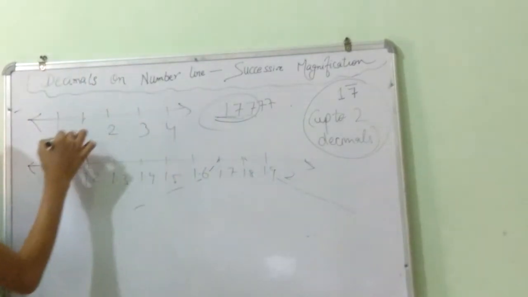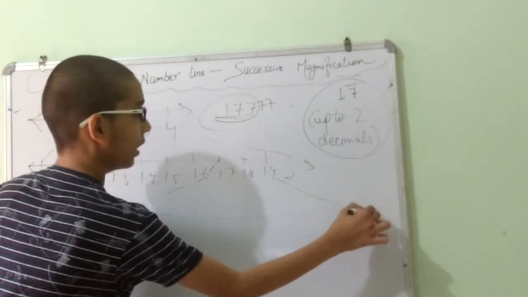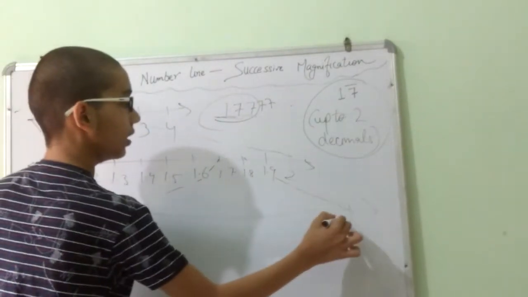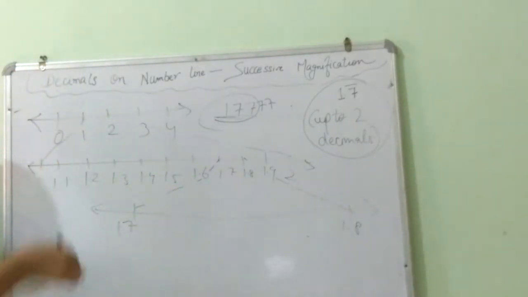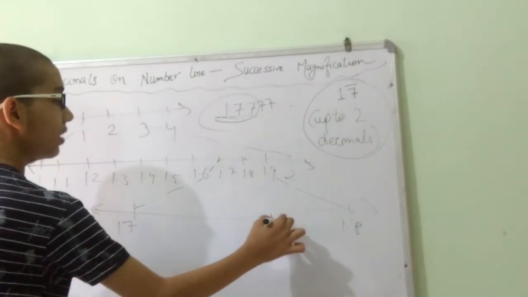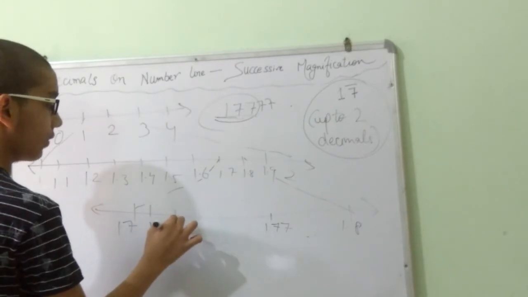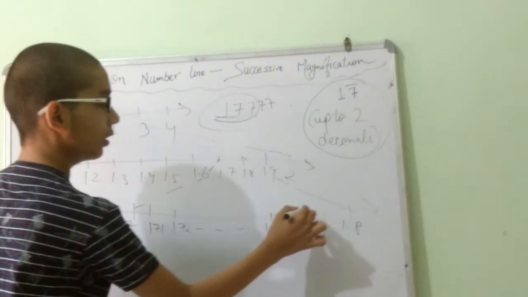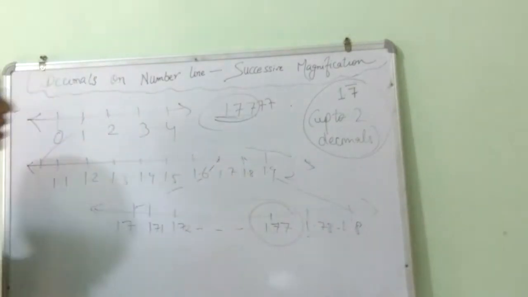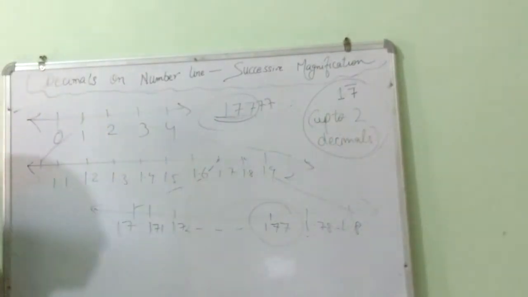Okay, in this way we can draw it on the number line. Here is 1.7 and here is 1.8. So between these two you can easily find 1.77. Okay, 1.71, 1.72 and 1.78. Okay, here is 1.7. So we have found 1.7 bar correct up to 2 decimal places.